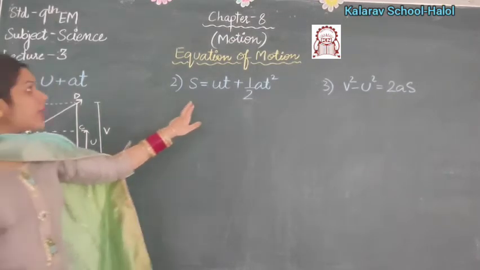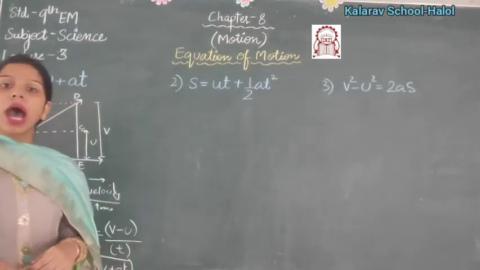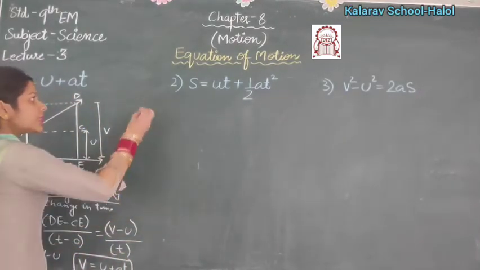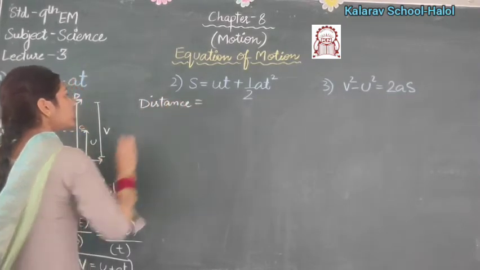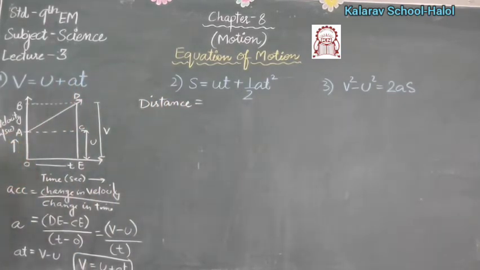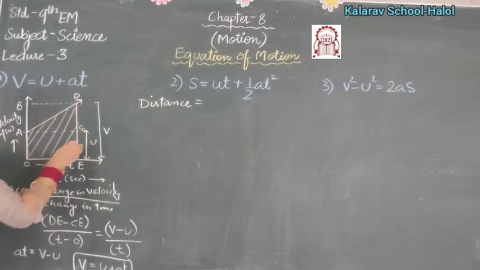Next is s = ut + half at square. So s is the distance. In a velocity-time graph, the area under the curve is the distance traveled by the body.